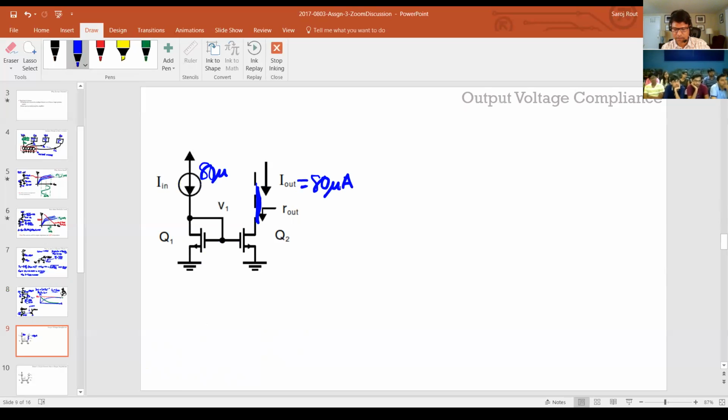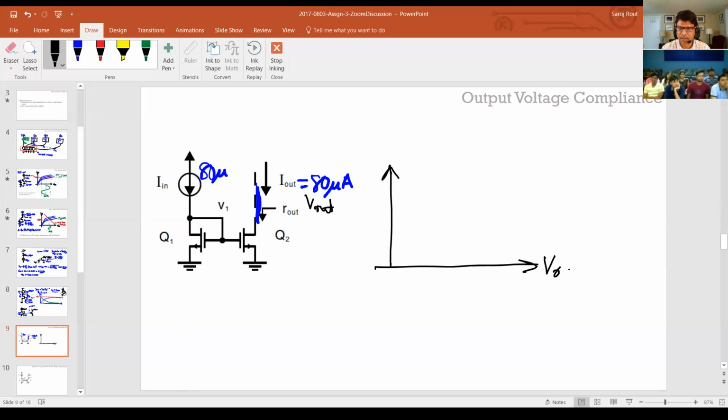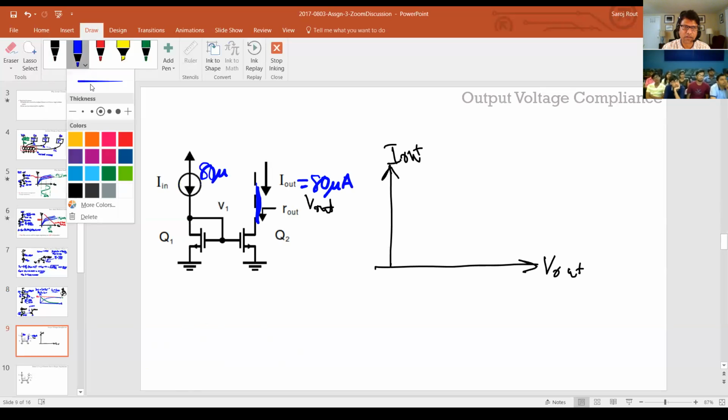So the next question is, what is the region of validity? I call it compliance. What it means is, if I draw this, let's say this is V out, and this is I out. For what values of V out is this current mirror valid?